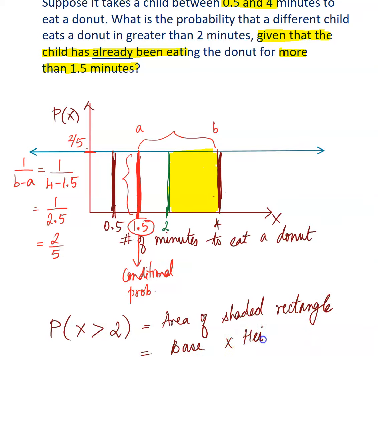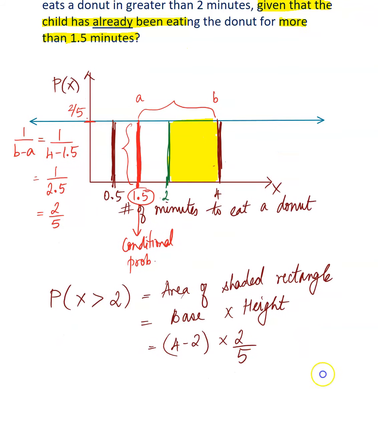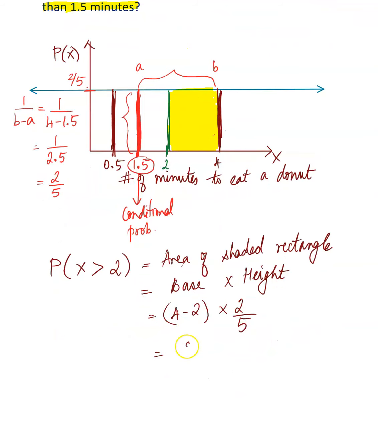The base is between 2 and 4, so that's 4 minus 2, and the height we figured to be 1 over 2.5, which is 2 over 5, so 2 times 2 over 5, which is 4 over 5.